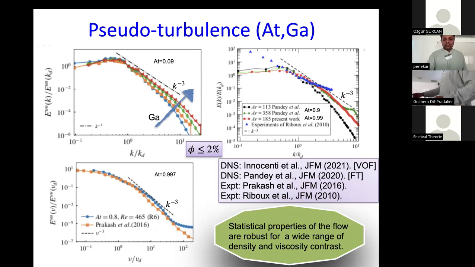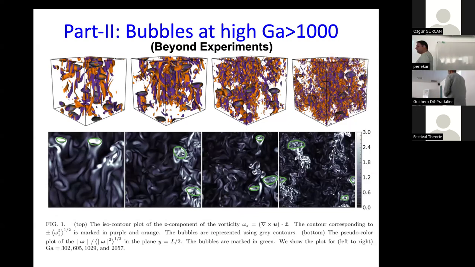Okay. So now we have all of this. Our earlier studies were motivated by experiments, and most of the experiments were at Galilei number 800, 600. Then we said, as we are doing numerical simulations, no one stops us from hitting higher and higher Galilei.